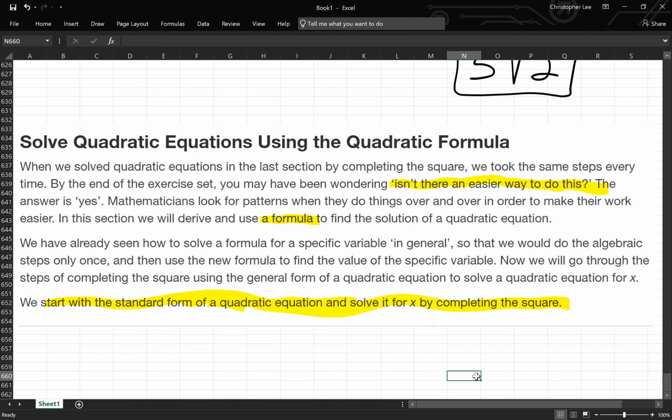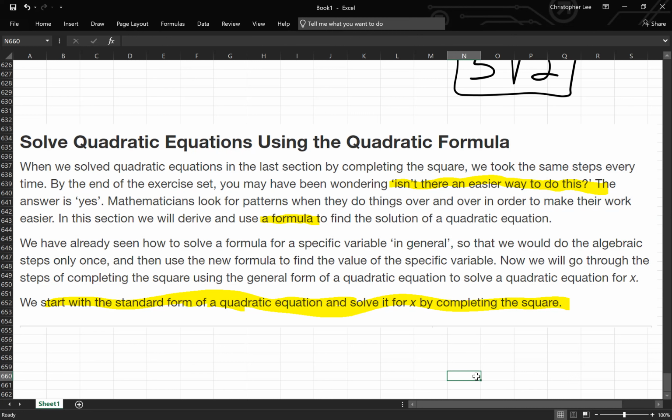The answer is yes, right? Mathematicians look for patterns when they do things over and over in order to make their work easier. In this section, we will derive and use a formula to find the solution of a quadratic equation. We have already seen how to solve a formula for a specific variable in general, so that we would do the algebraic steps only once and then use the new formula to find the value of the specific variable.